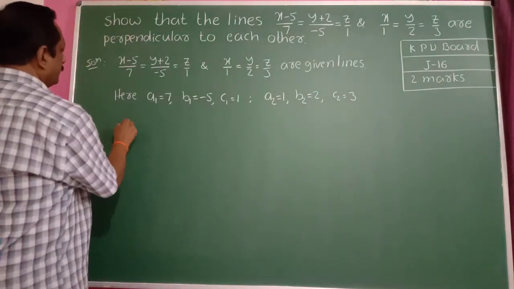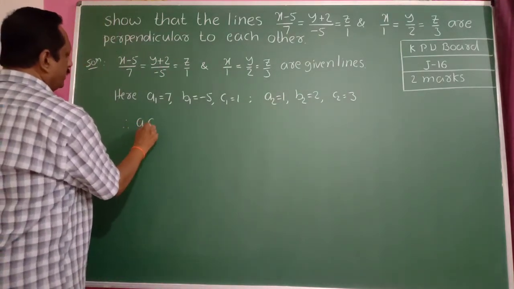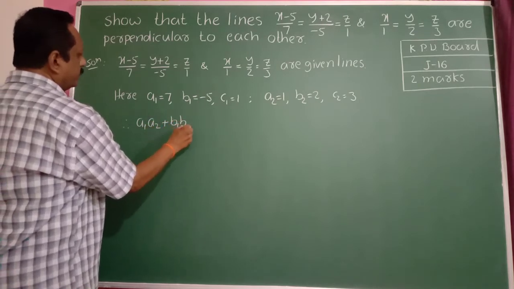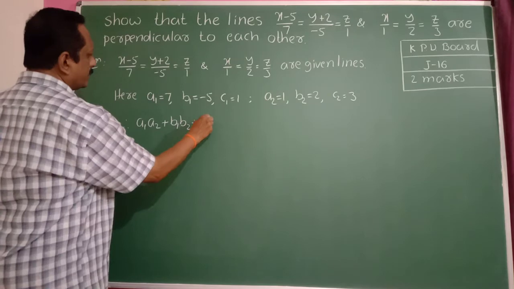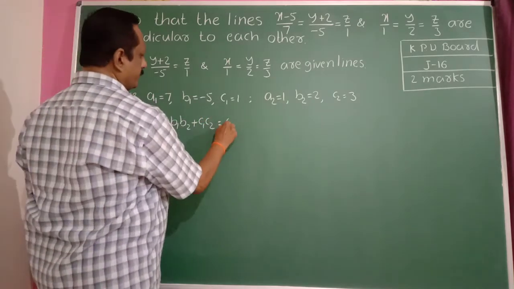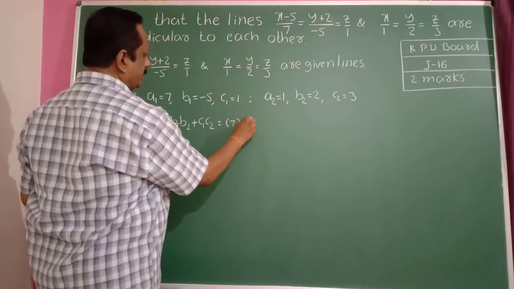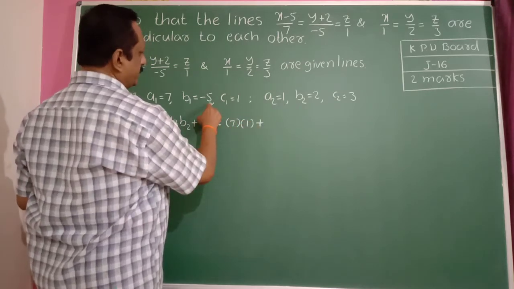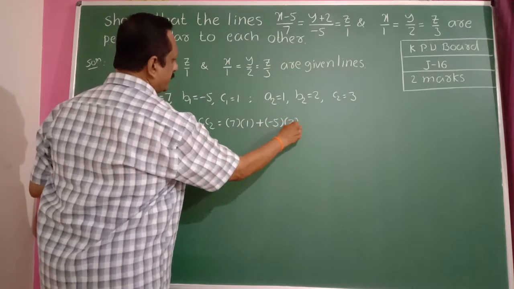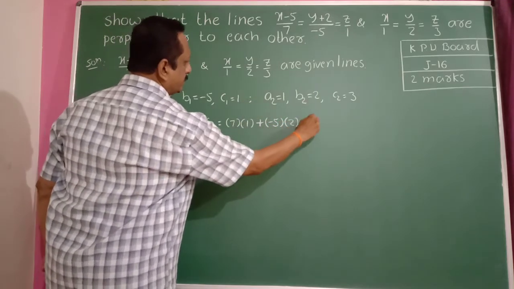Therefore A1A2 + B1B2 + C1C2 = 7 into 1 plus (−5) into 2 plus 1 into 3.